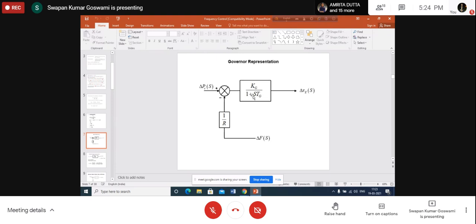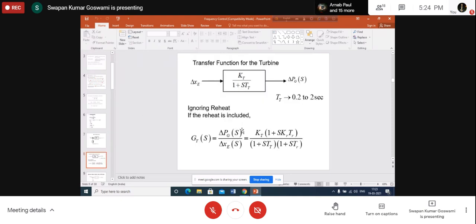So generator inertia has to be represented, load response has to be represented, and obviously the turbine also has to be represented. So let us see how to represent all these things.